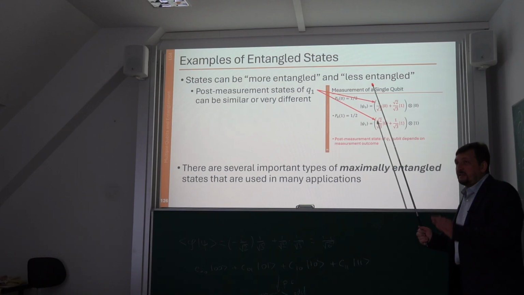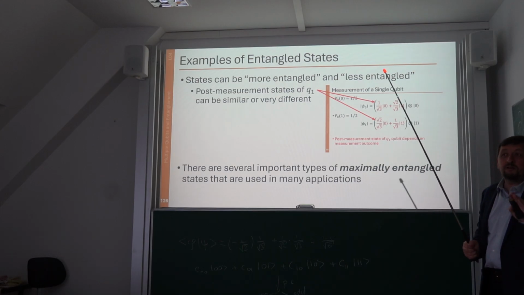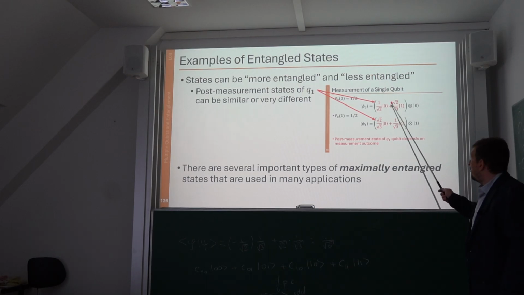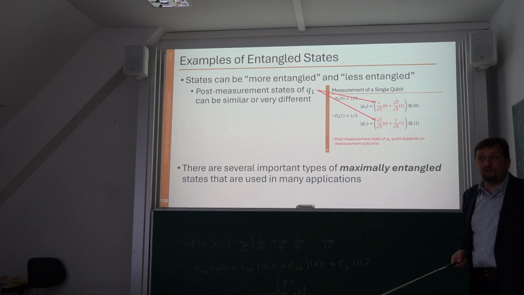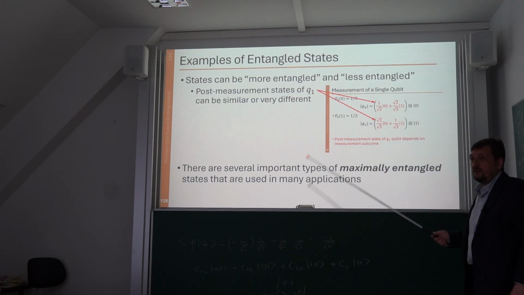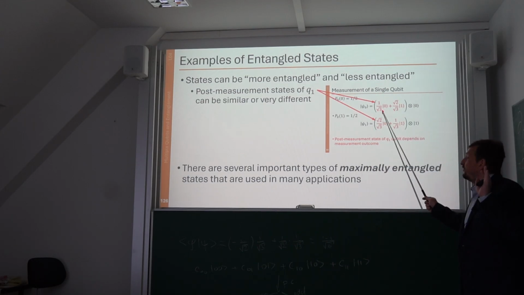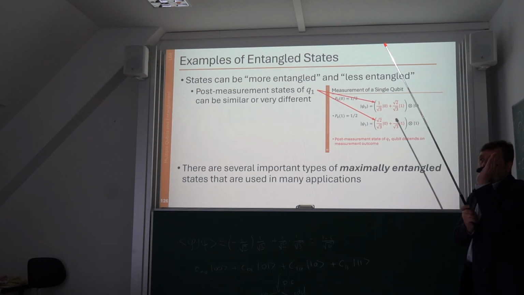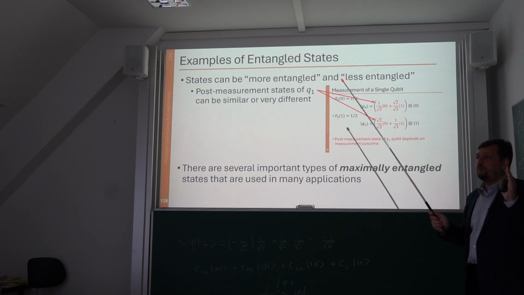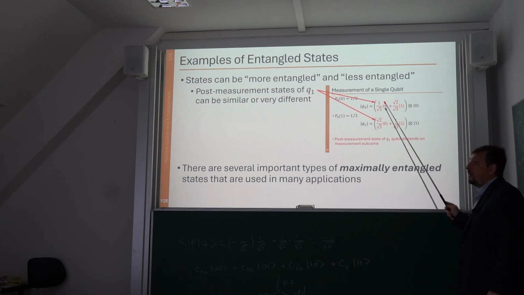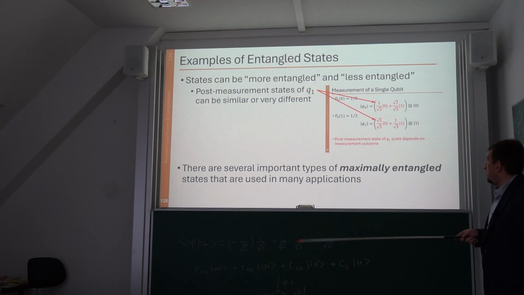If the states are the same, the scalar product is 1, and that means we have a product state. If the states are orthogonal to each other, those are the most different states. If the states are close, then the absolute value of the scalar product will be between 0 and 1. So there are different levels of entanglement.